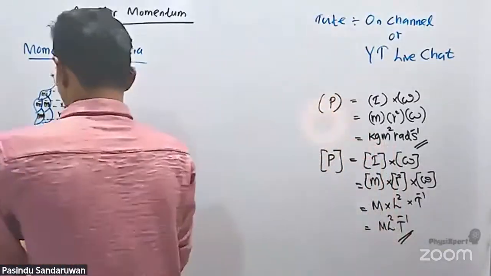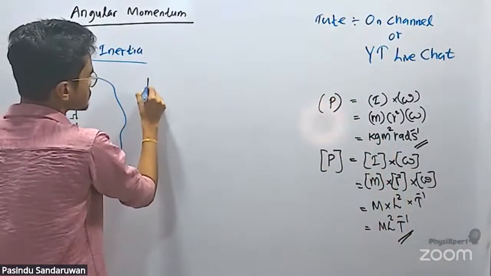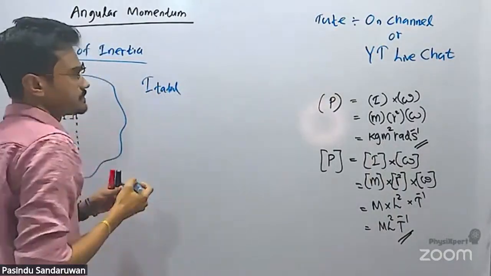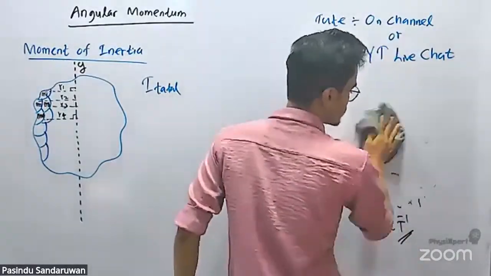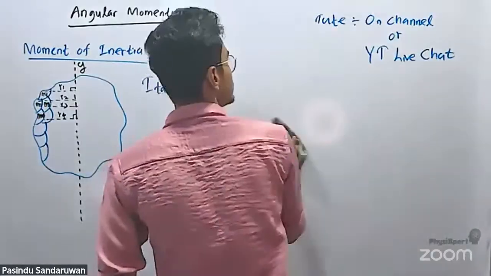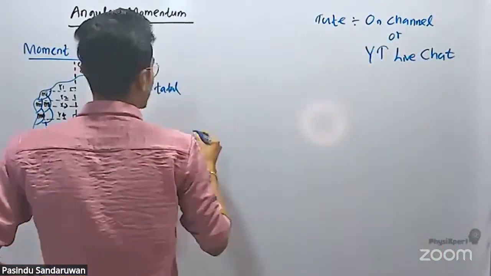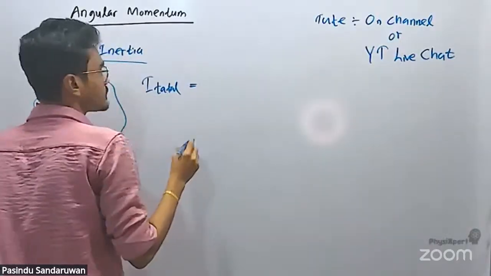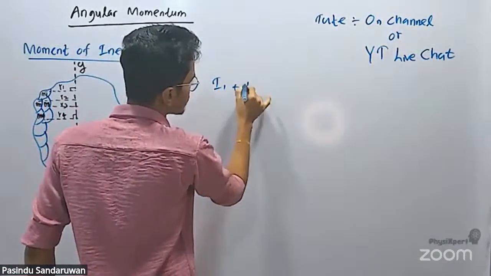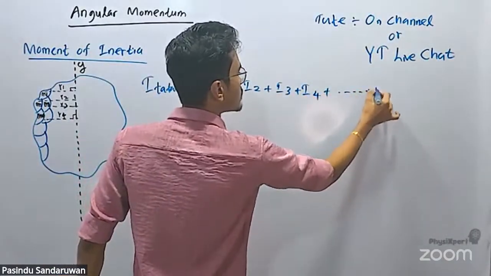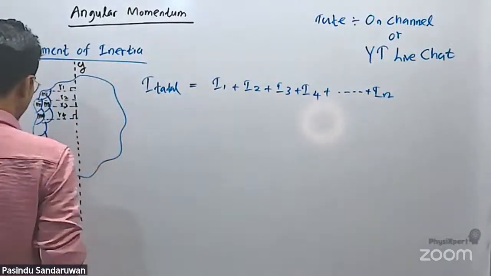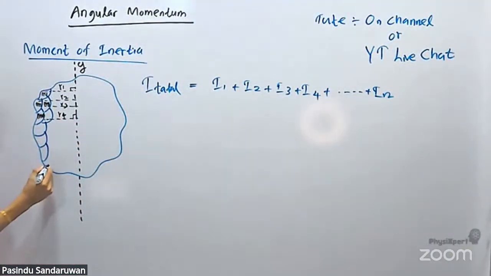So I total is given by the moment of inertia of each particle: I1 plus I2 plus I3 plus I4 plus up to the last one, let's say In. Let's say this is done for n number of particles. The last one is mn, and for that the distance is rn.